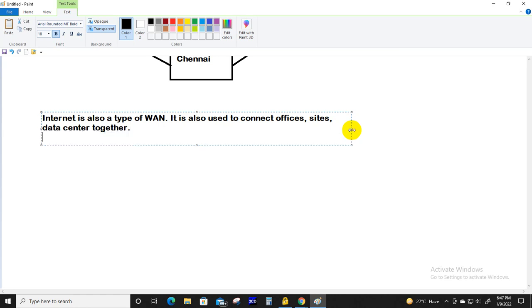But the main problem over internet is security. That's why VPN is used to create private WAN connections over internet to secure data.